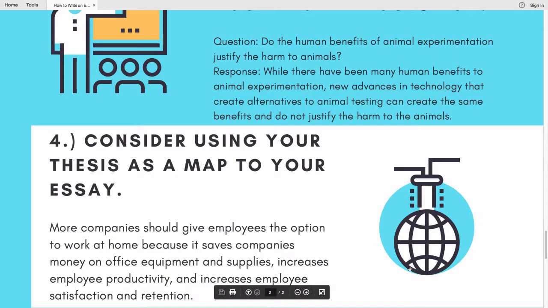Response: while there have been many human benefits to animal experimentation, new advances in technology that create alternatives to animal testing can create the same benefits and do not justify the harm to the animals. So the question is there, and then the thesis response directly answers and addresses the question, but it also sums up the paper in a sentence.